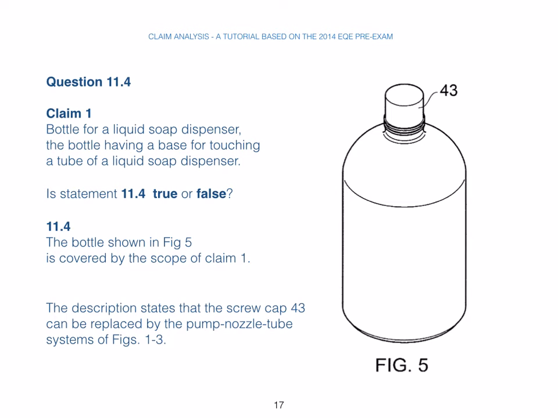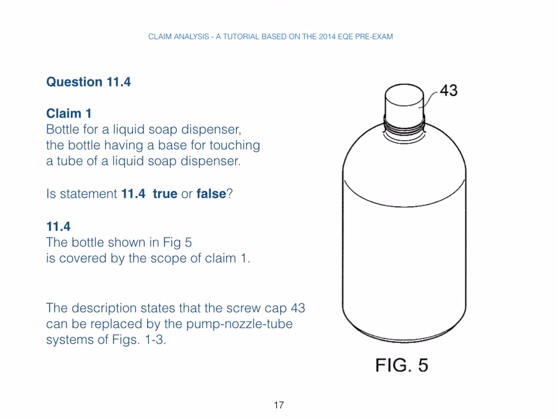Statement 11.4 now concerns the bottle shown in Figure 5 is covered by the scope of Claim 1, and we have to ascertain whether that is true. The bottle shown in Figure 5 has a screw cap 43 and it does not have a fitted tube. The purpose of the bottle is actually a liquid soap dispenser.